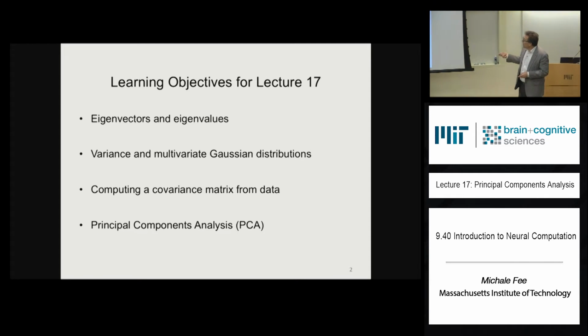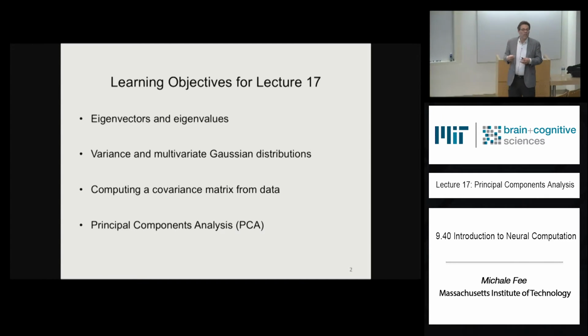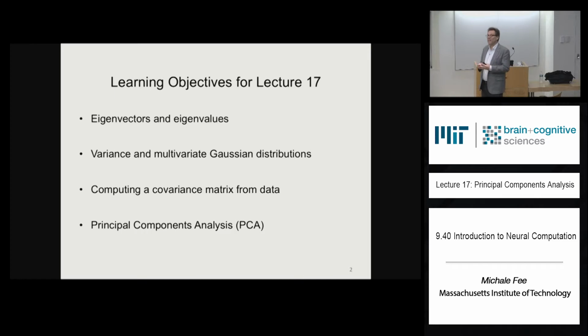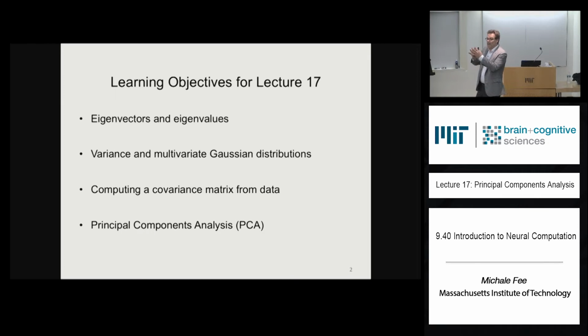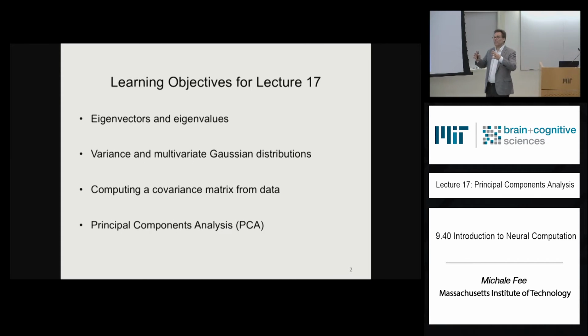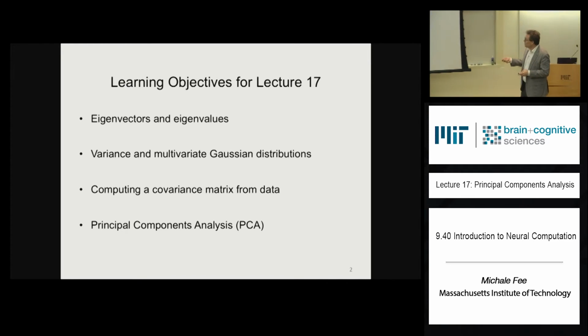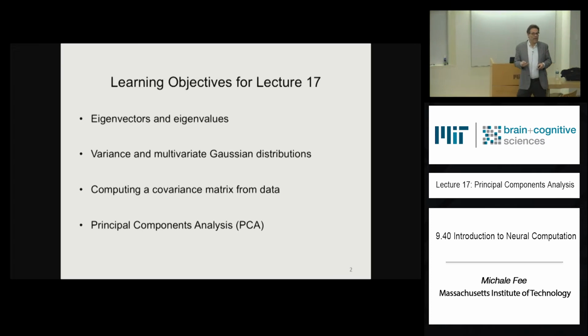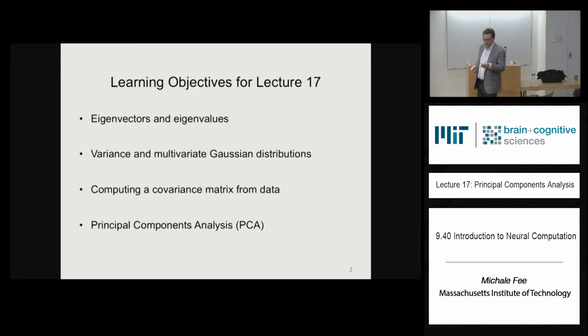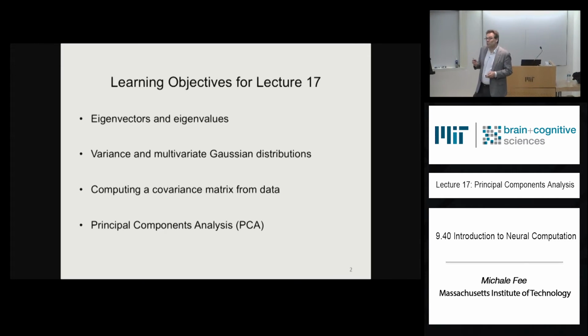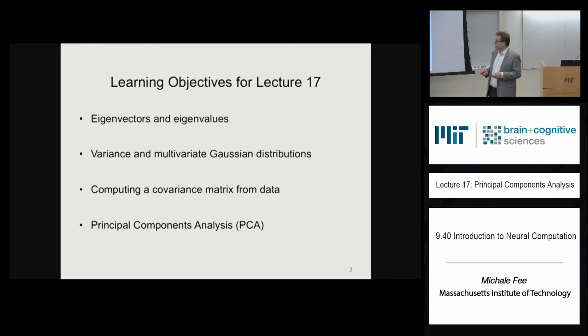We're going to talk about how to compute a covariance matrix from data, which describes what the variance in different dimensions is, and how those different dimensions are correlated with each other. And finally, we'll go through how to implement principal components analysis, which is useful for a huge number of things.